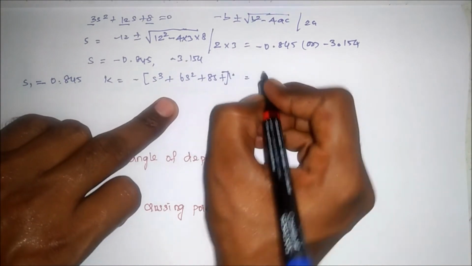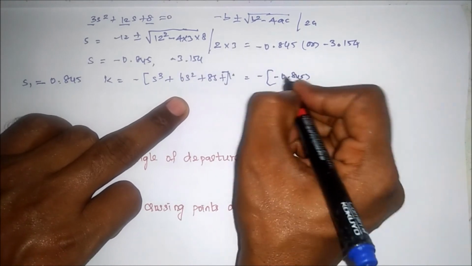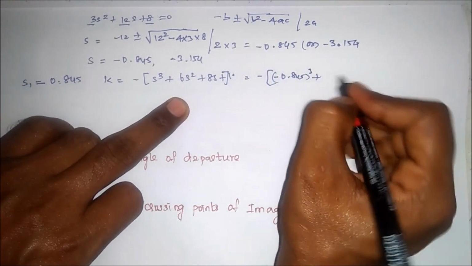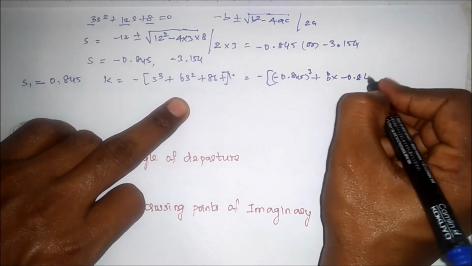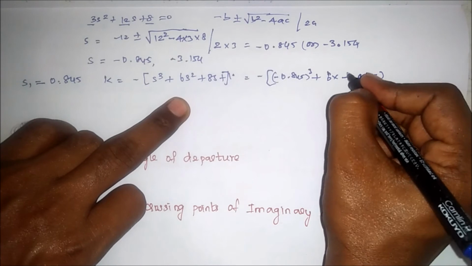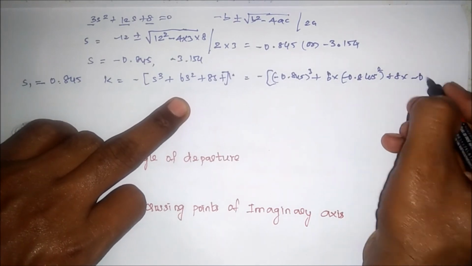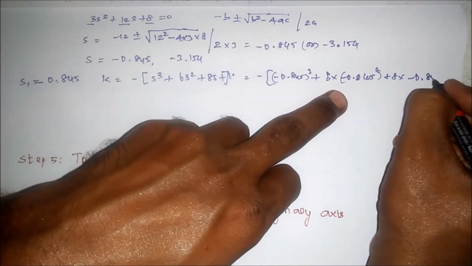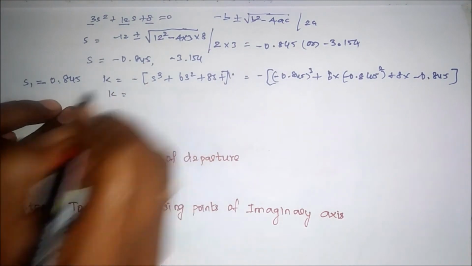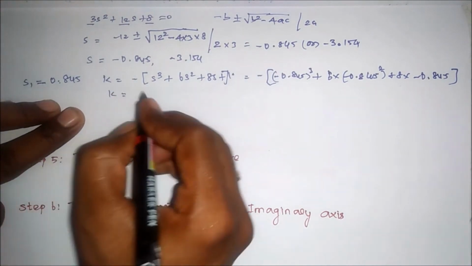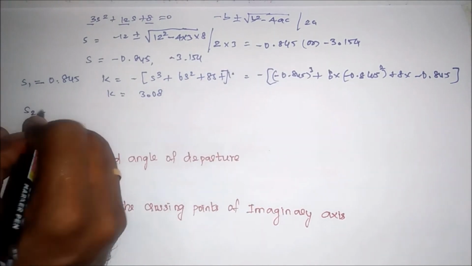So here minus of minus 0.845 the whole cube plus 6 into minus 0.845 the whole square plus 8 into minus 0.845. So now from this we will get k value equal to 3.08.